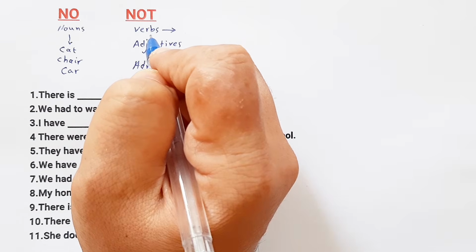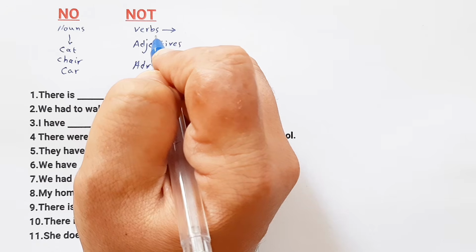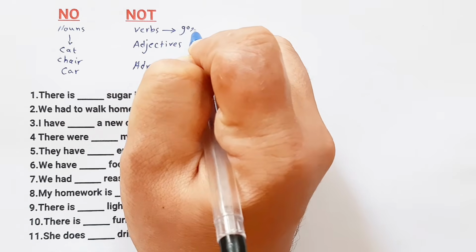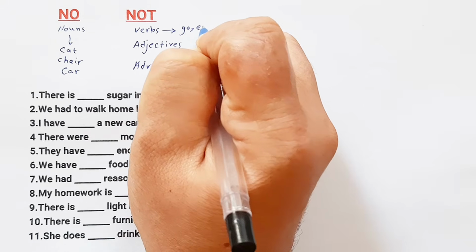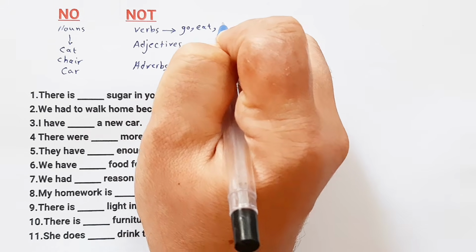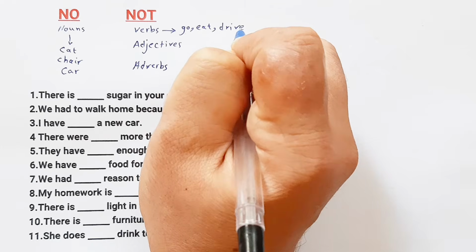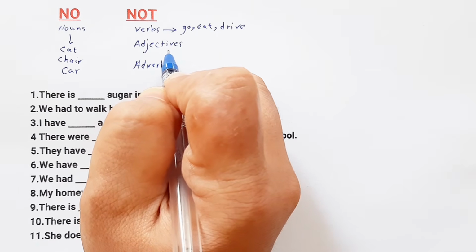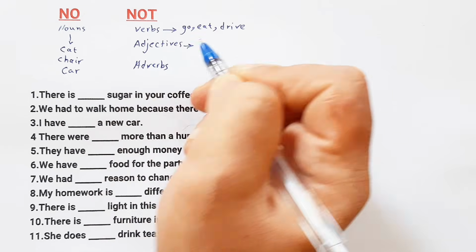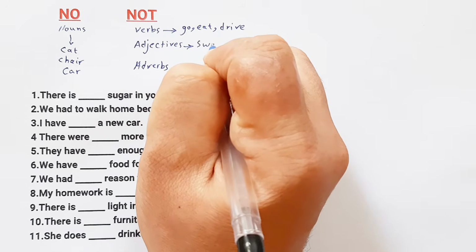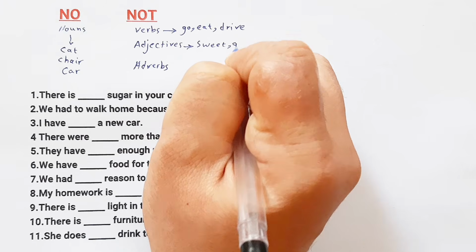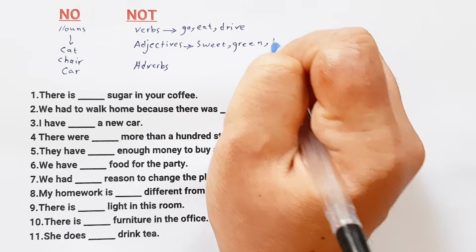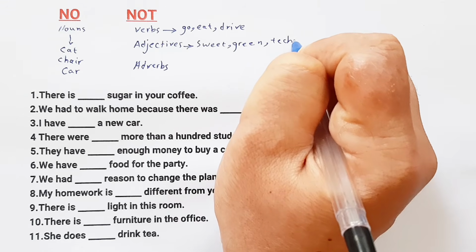Verb is a word used to describe an action. For example, go, eat, or drive. Adjective is a word naming an attribute of a noun. For example, sweet, green, or technical.